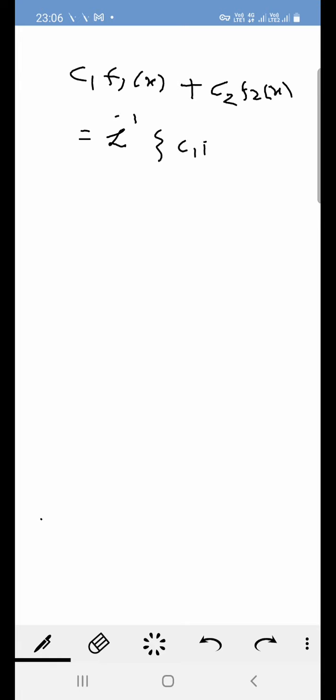c1 f1(x) plus c2 f2(x) is equal to the inverse Laplace transform of c1 f1(p) plus c2 f2(p).